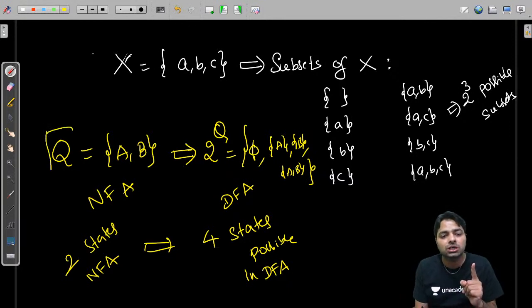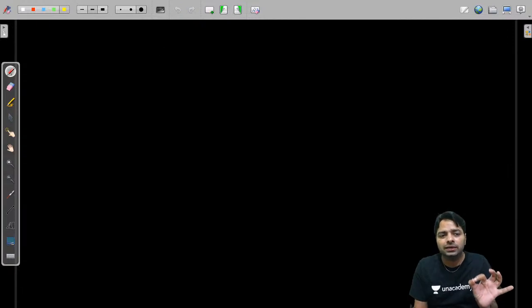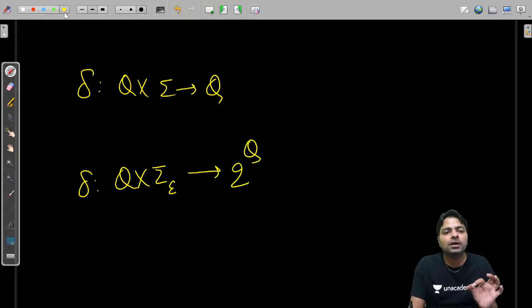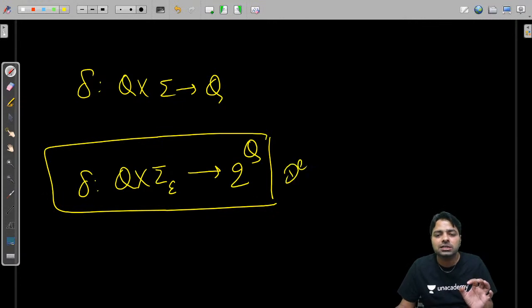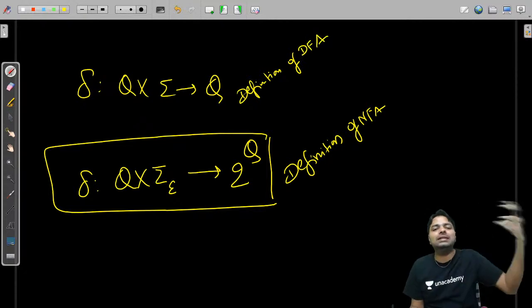Don't confuse this Q and 2 power Q. Some people have confusion here. Guys, delta is Q cross sigma to Q for a DFA, and delta is Q cross sigma union epsilon to 2 power Q for an NFA. This 2 power Q is different. This is the definition of NFA, and this is the definition of DFA. No relation between this 2 power Q and that 2 power Q, so do not involve this 2 power Q in that algorithm.